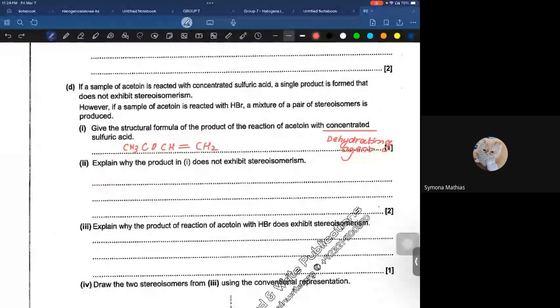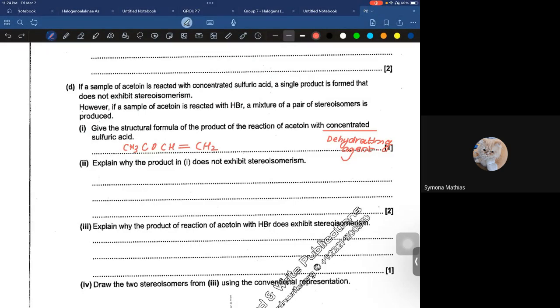This product is not going to have stereoisomerism. So of course there would not be any chiral center, because if you have a chiral center, it means optical isomer is possible. But if you don't have any chiral center, optical isomer is not possible.